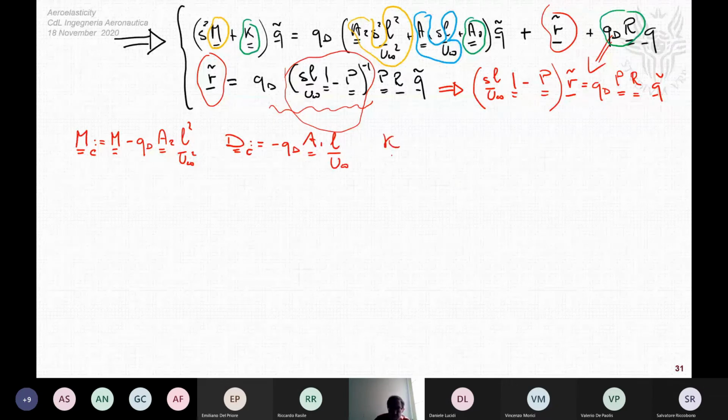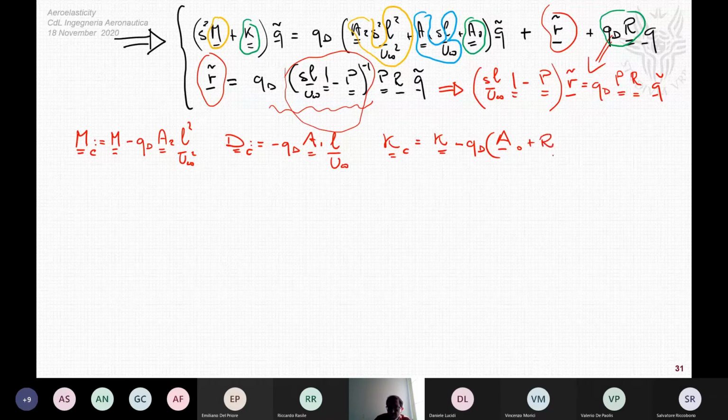And we have also a stiffness contribution given by the original structural stiffness contribution, but we have also the contribution given by the aerodynamic, which is the A0 contribution, and also the R contribution.